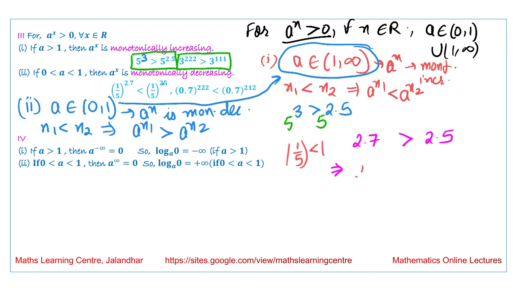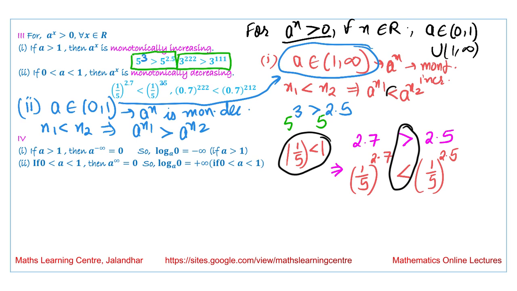So we are saying that 1 by 5 raised to the power 2.7 is less than 1 by 5 raised to the power 2.5. So this inequality is reversed in this case, but the sign of the inequality will remain the same if a is greater than 1.